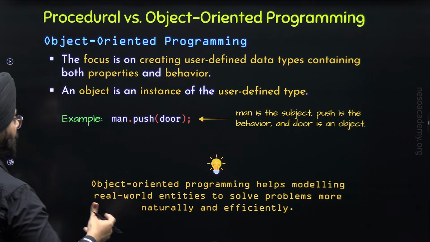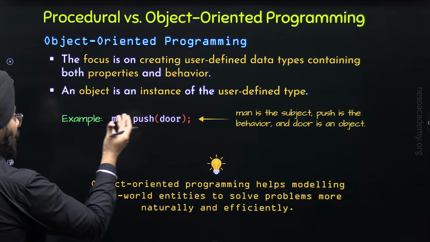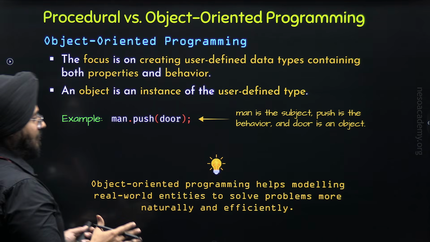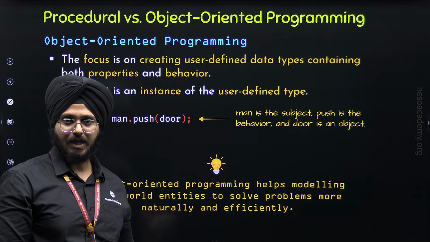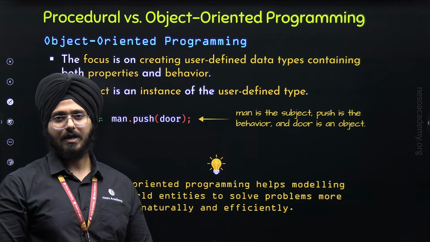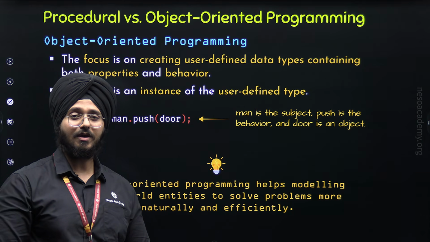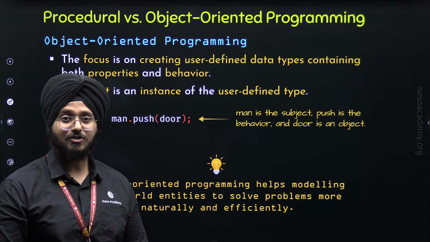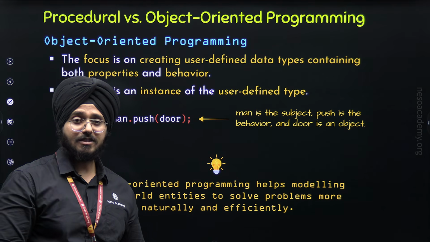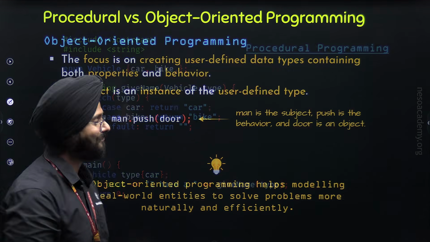And modeling real-world entities is more natural as well, and it is more understandable. So, now we know in theoretical terms what is the difference between procedural programming and object-oriented programming. Now, let's understand why object-oriented programming is better in comparison to procedural programming, especially when scalability comes into picture.